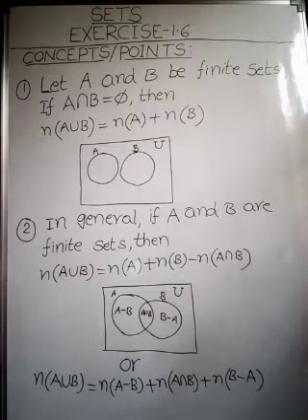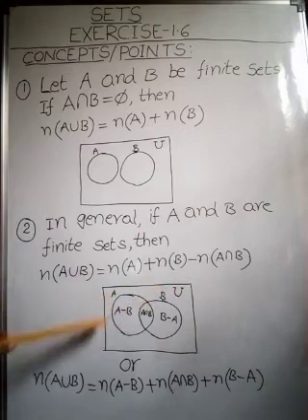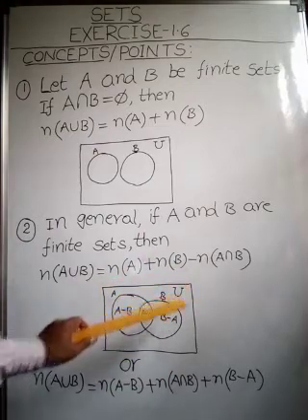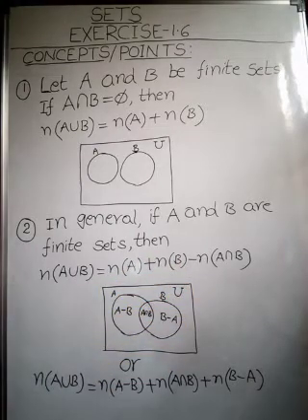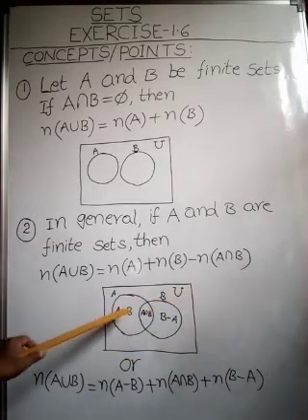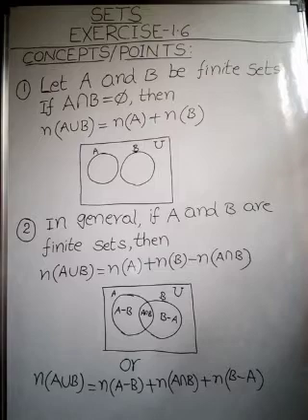Okay, my dear children. See here, I have shown the given data in the Venn diagram as in this figure. A and B are two subsets of the universal set.